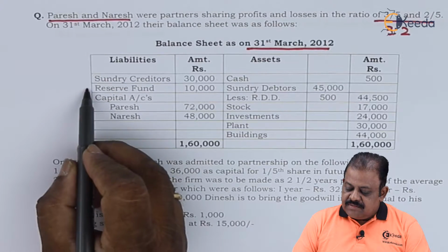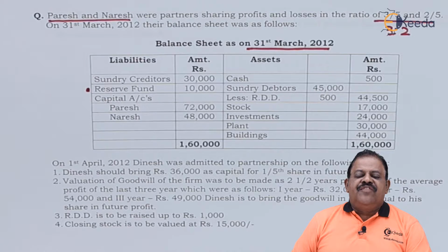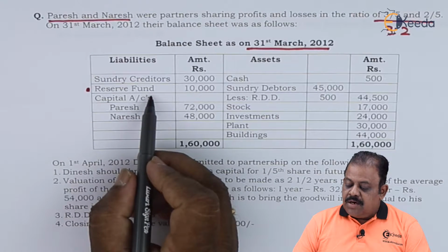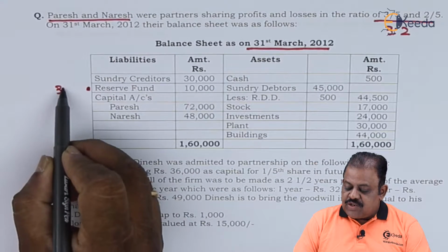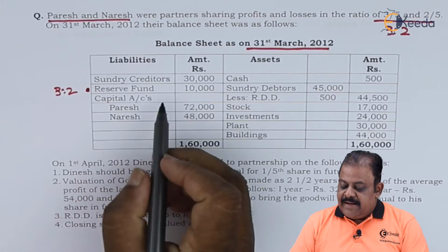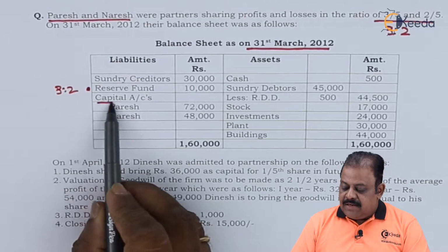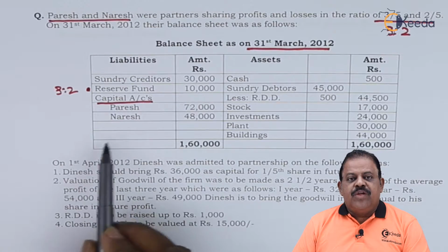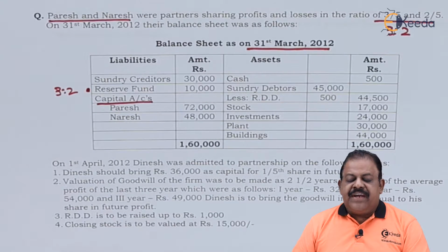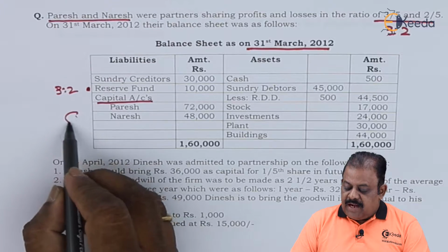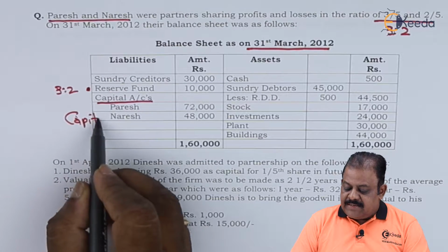Sundry creditors, reserve fund. Reserve fund will be distributed among all partners in the ratio of 3:2. Sundry creditors 30,000, reserve fund 10,000, capital Paresh 72,000, Naresh 48,000. This will be transferred to capital account credit side.